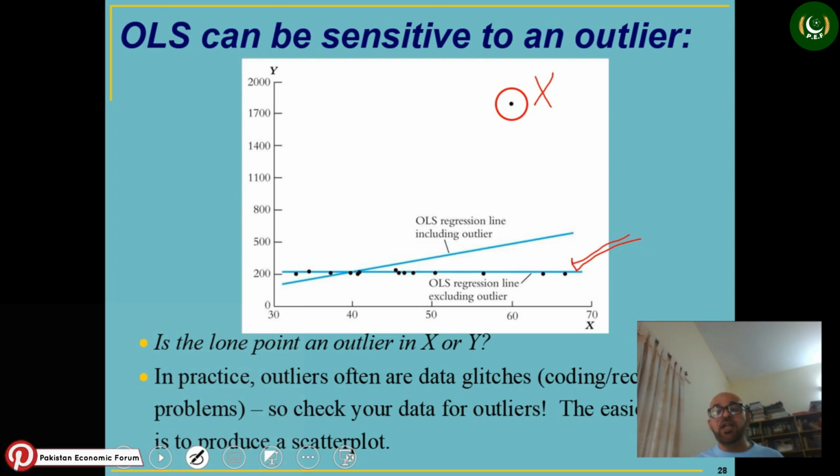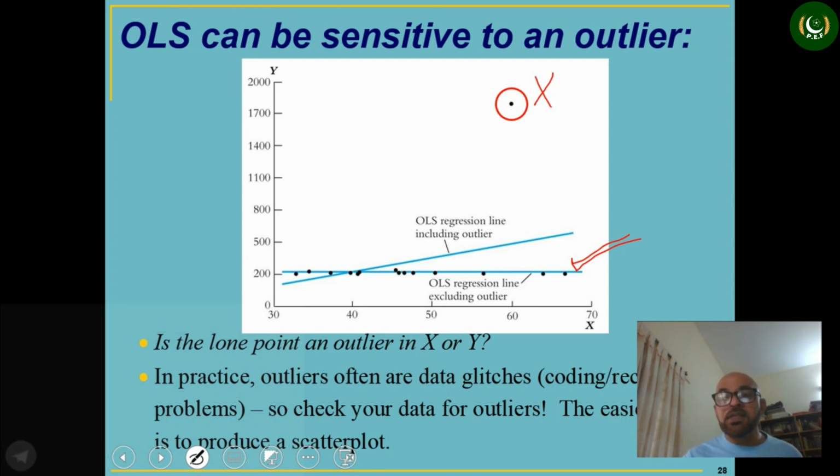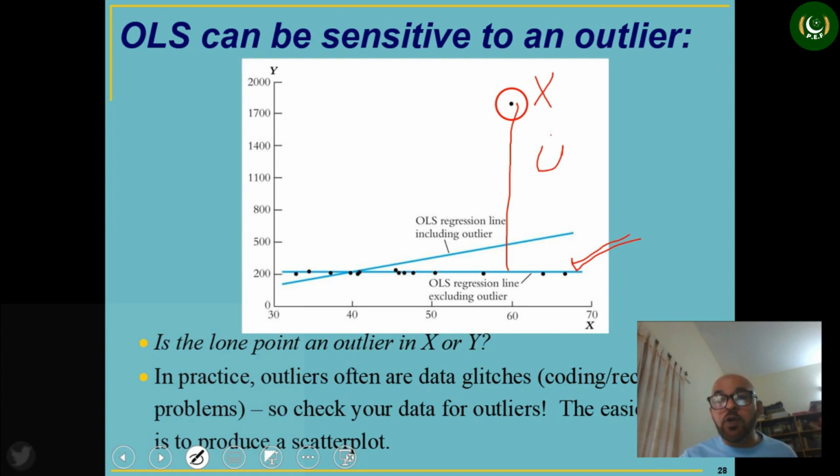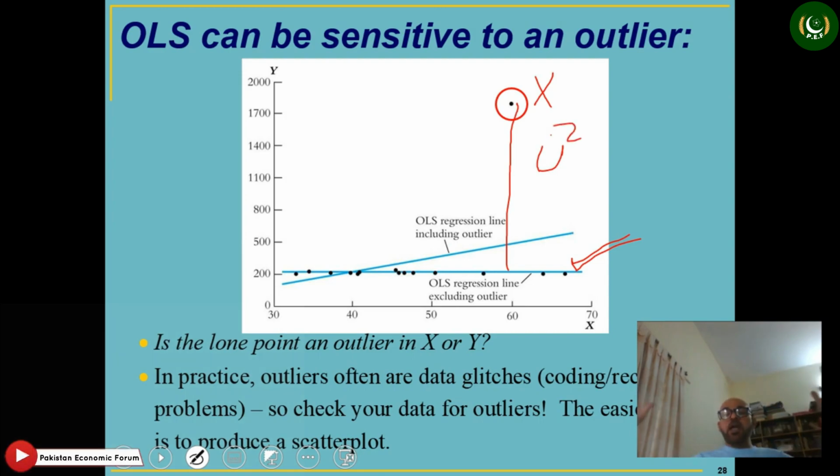But as I mentioned, what is OLS? OLS is basically minimizing the sum of squares of residuals. If we fit this line, the distance between this point and this point is u. It is a very large value of u, and when we take its square, it becomes a very large value.